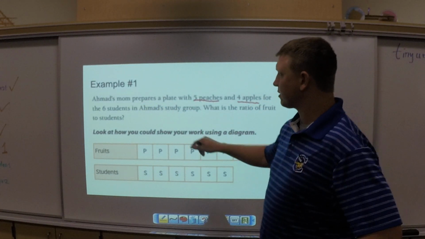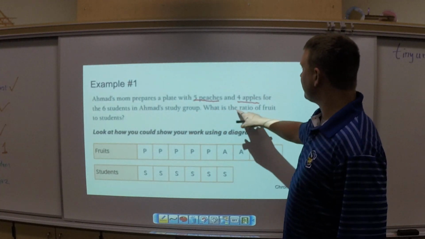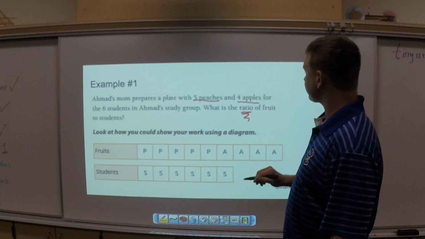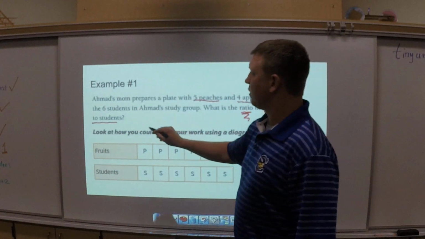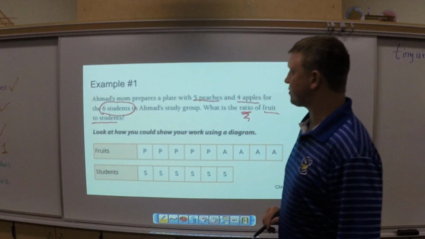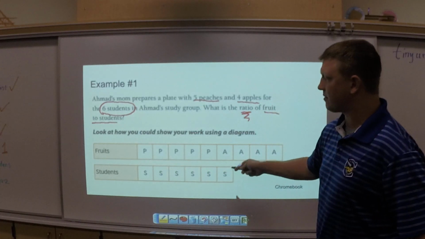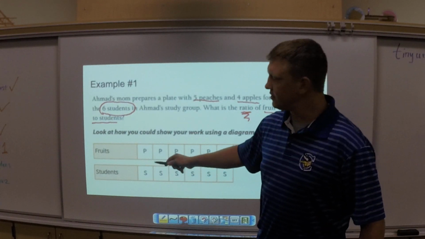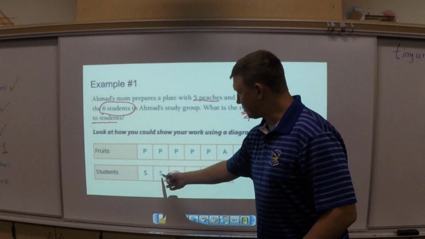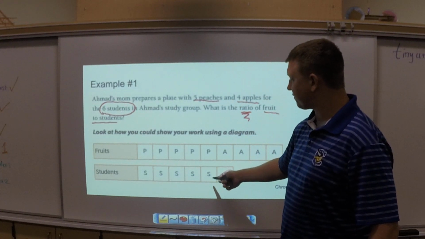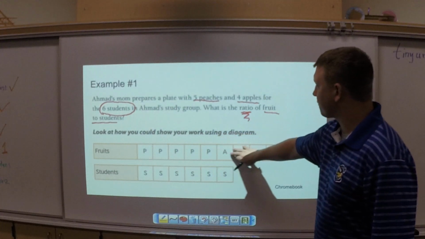I'm not sure we're completely concerned with the study group information. What is the ratio of fruit to students? Well, I know there are 6 students total, and how much fruit? I can see in this diagram, which is called a tape diagram, symbols that represent 1 student, 2 students, 3, 4, 5, 6 students. And you can see all of the fruit.